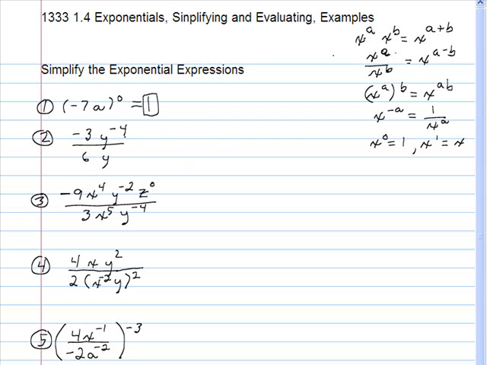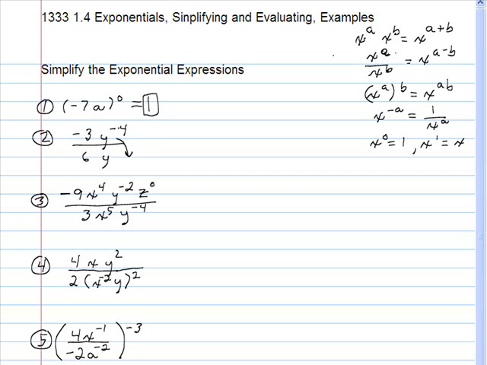The second problem is quite a bit more complicated. This time we have a negative exponent. Remember that when we simplify, we do not want to end up with negative exponents, and to remove a negative exponent, we move the exponential to the other side of the division line.